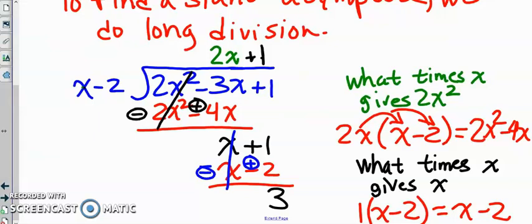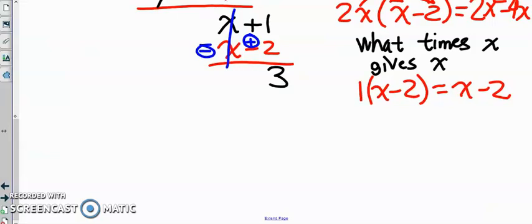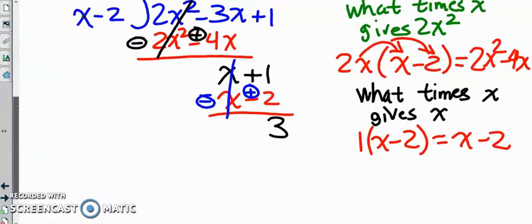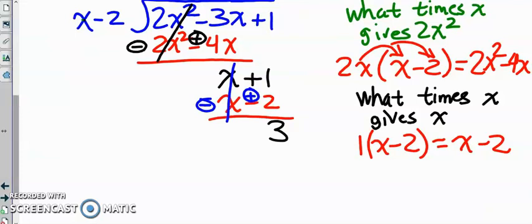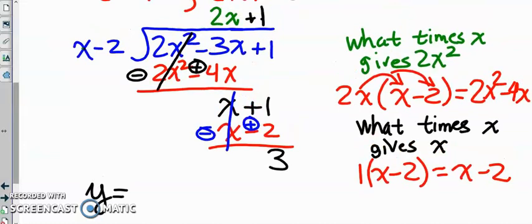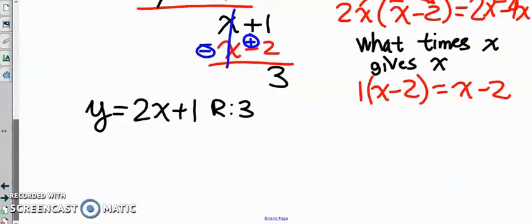When it comes to our slant asymptote, we don't use the remainder. Just as a reminder, when we normally would write this out, we would say y equals the quotient, 2x plus 1, plus the remainder of 3, so y equals 2x plus 1 plus 3 over x minus 2.